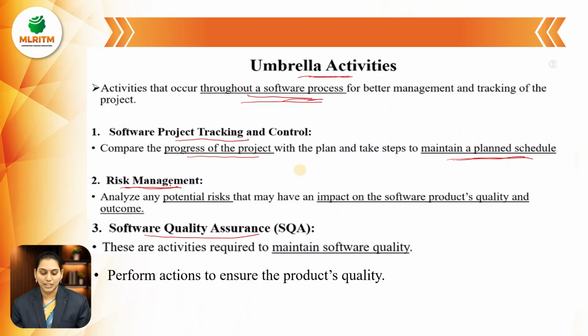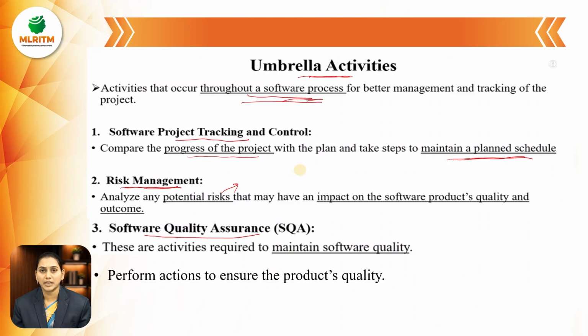Next, risk management. Analyze any potential risk that may have an impact on software product quality and outcome. In risk management, we have different types of risk: software risk, hardware risk, problem statement risk.